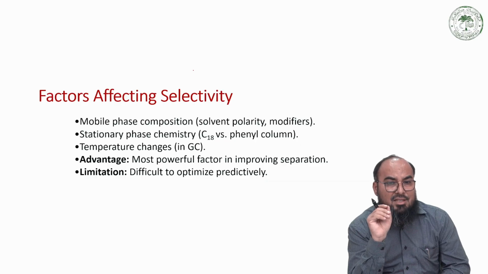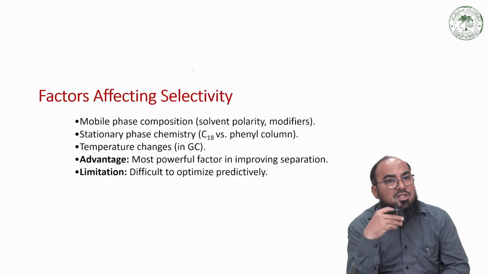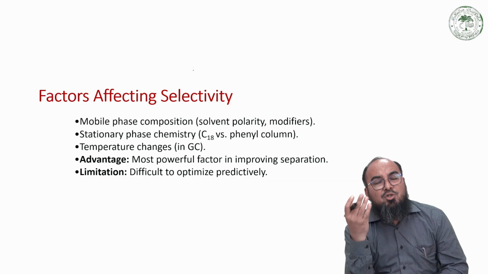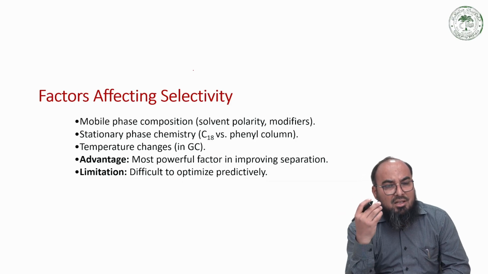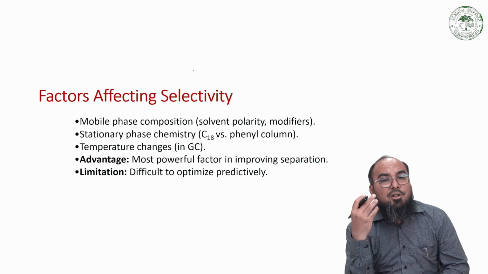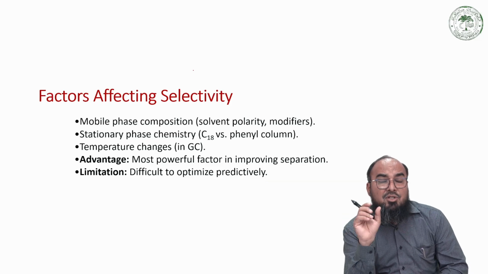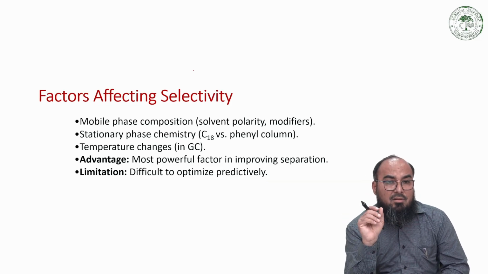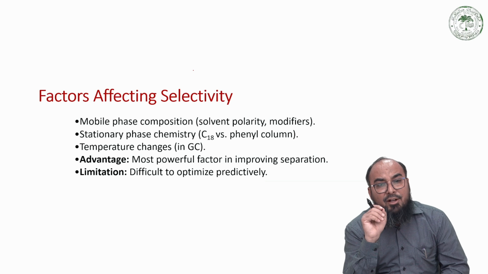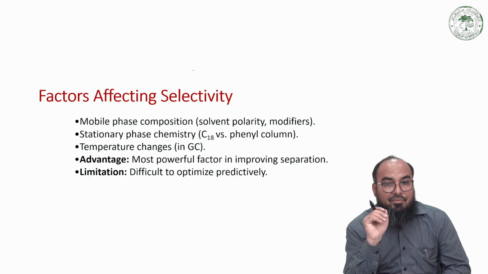Similarly, the stationary phase chemistry, that is which type of stationary phase you have chosen: a polar stationary phase, slightly polar, or exactly non-polar. And again, temperature comes into play, pressure comes into play. We are going to see the effect of temperature in detail in our next slides when we discuss gas chromatography.